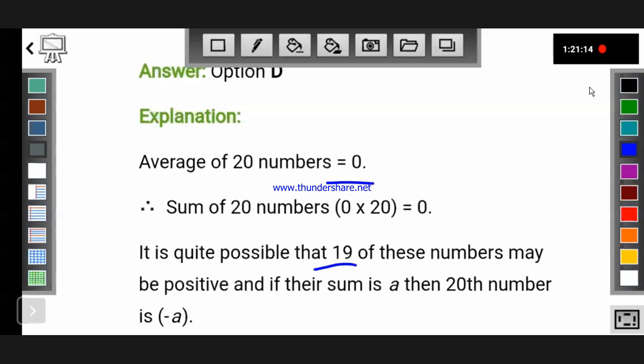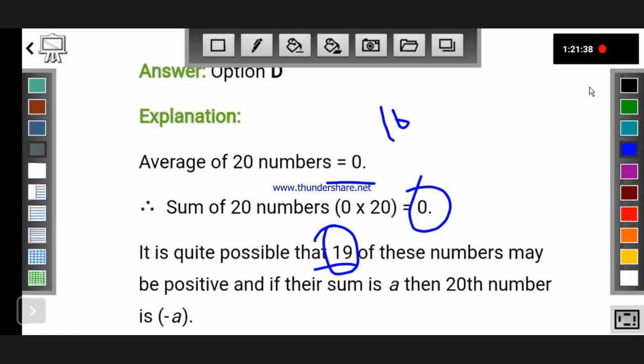The average of 20 numbers is 0, so the sum of 20 numbers is also 0. So the possible numbers are 10 positive numbers and 10 negative numbers, and some of them will be 0. So there will be 19 positive.